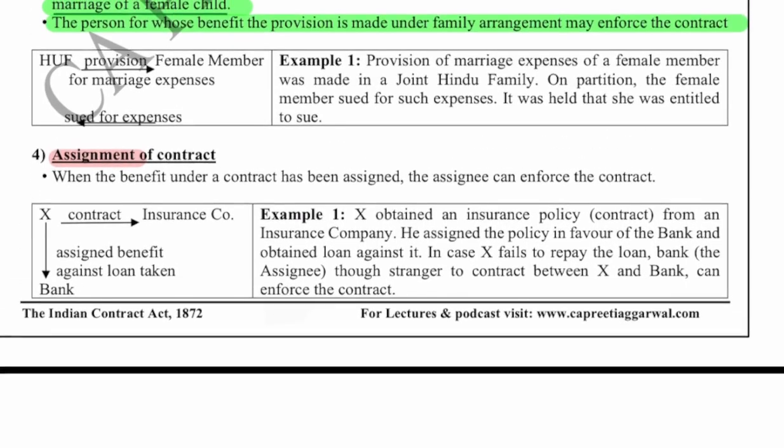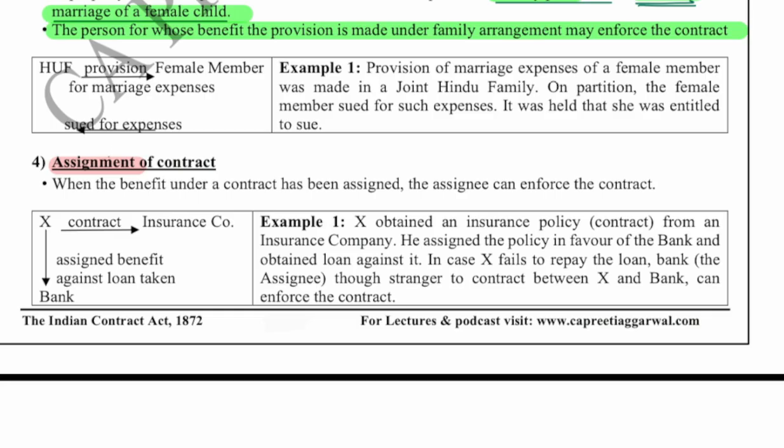Assignment of contract. Assignment means to transfer. Let's say, for example, that X has obtained an insurance policy from an insurance company. Now he wants a loan, so he went to the bank. The bank says, I want security.